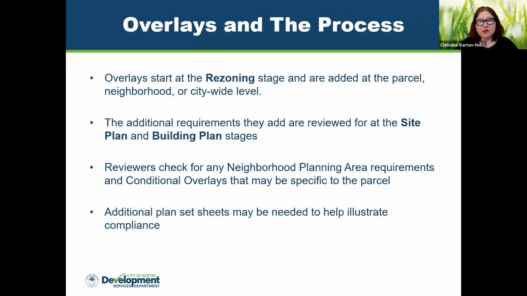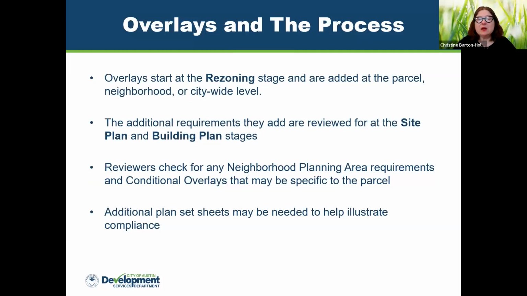So the overlay process starts at the rezoning stage with the planning department, and they can be added at the parcel level or neighborhood or citywide. The additional requirements that they add are reviewed for at the site plan and at the building plan stages.